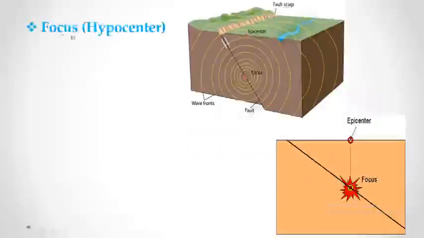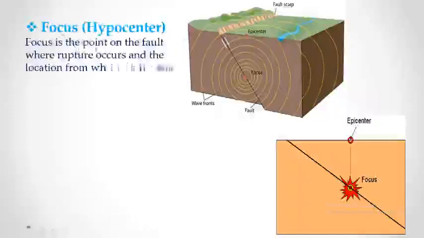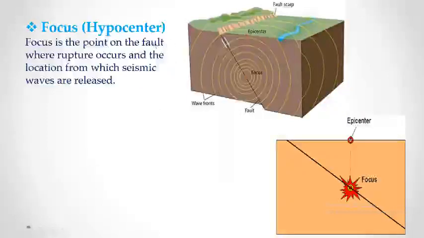Starting with the focus, or what is called the hypocenter, it's a point on the fault, it's on the plane, where rupture or the break occurs, and the location from which seismic waves are released. So this is the point where we have a break, releasing energy, and the seismic waves start to come out. This is the origin of these waves.